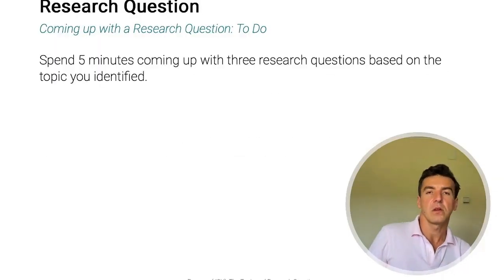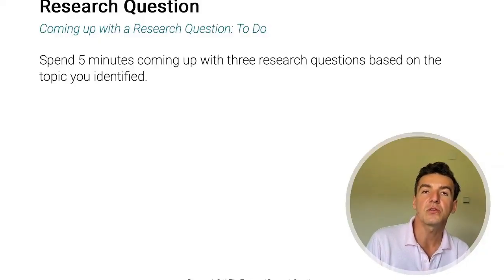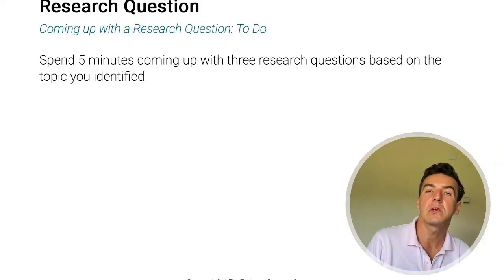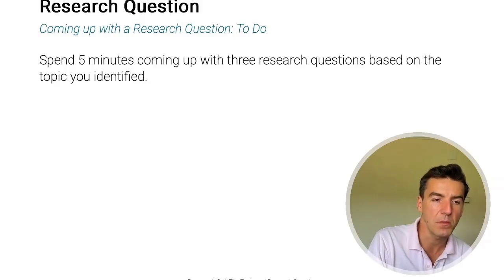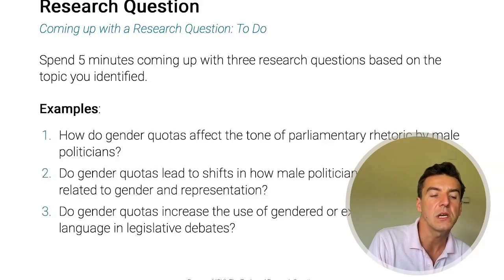Okay, so let us do some more work here. Let's spend 5 minutes coming up with 3 research questions based on the topic that you identified. Remember that we spent an extensive amount of time on the topic. Here are examples of 3 research questions based on the research topic. Here are the ones I identified.